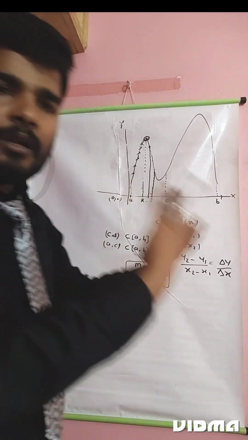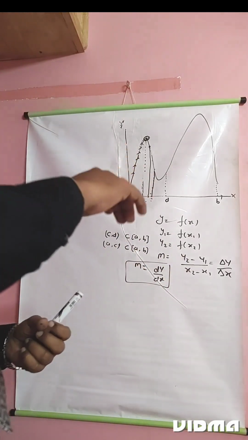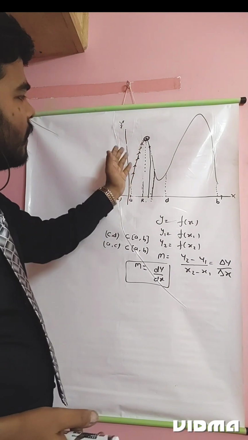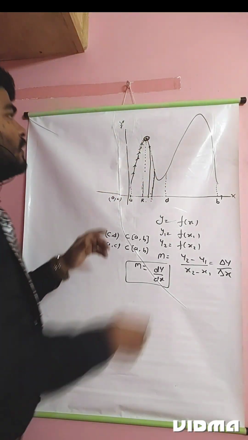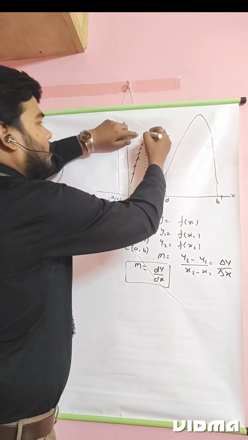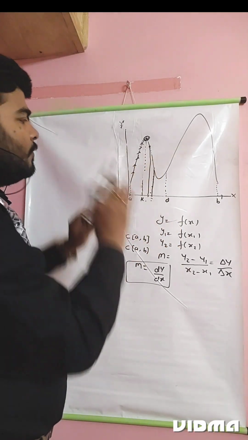What is the critical temperature? What is the critical angle? Critical means that point where something changes. K is the point where the curve changes its nature from increasing to decreasing. That is called the critical point.